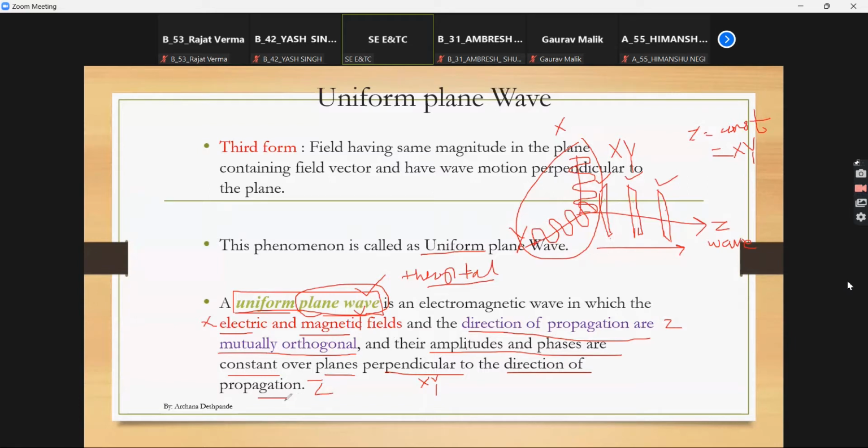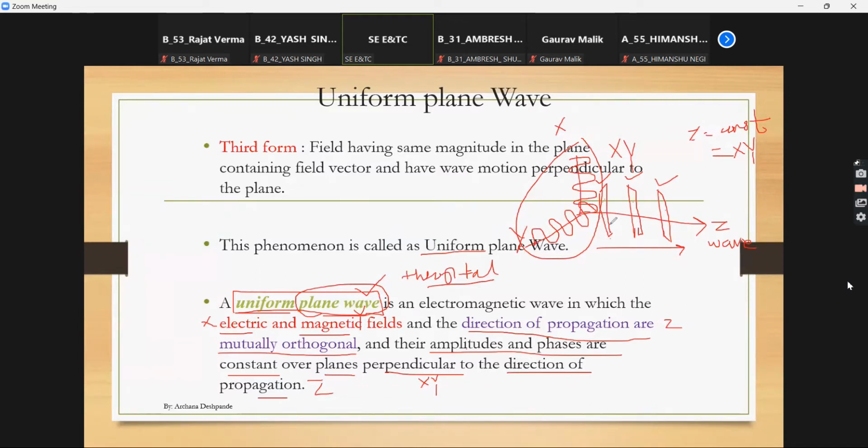So for the practical plane wave, in the B part of this chapter, we are going to study the concepts called reflection and refraction, which actually happen. Whenever an EM wave strikes any plane, there is going to be a reflection also. Right now we are not talking about reflection.